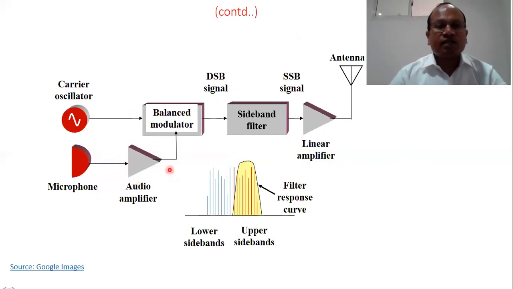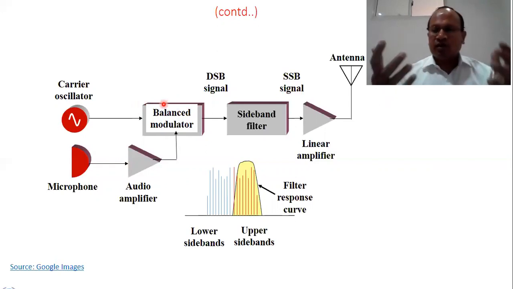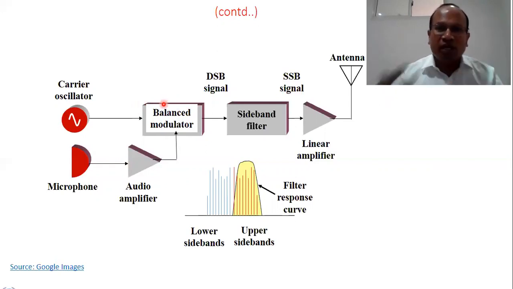After passing it through the audio amplifier, it is sent to the balanced modulator, and the carrier is also sent to the balanced modulator. As I have already told you, this balanced modulator is not a single modulator. It combines two similar AM modulators, with an arrangement which we have studied in DSB, that generates double sideband, and that too with carrier suppressed.